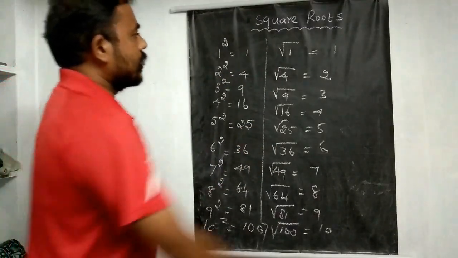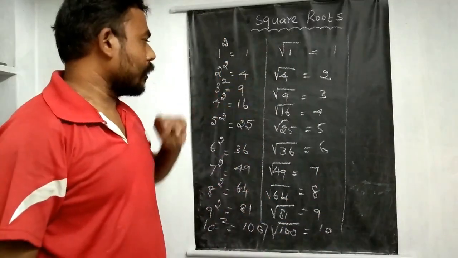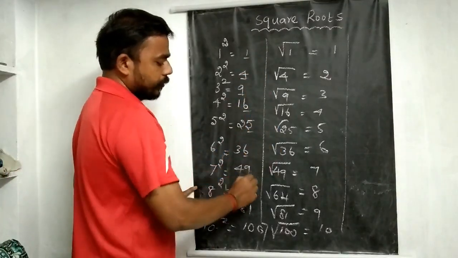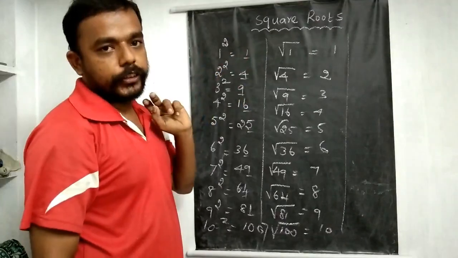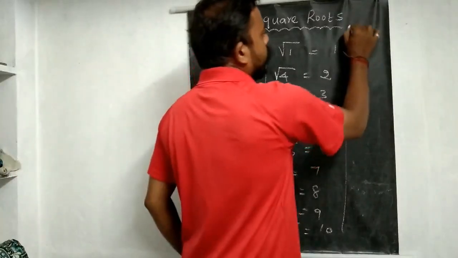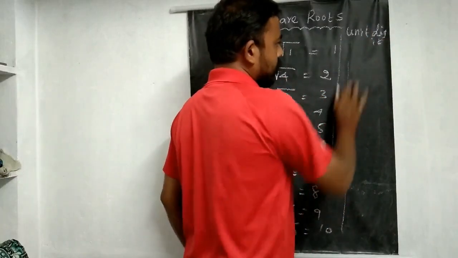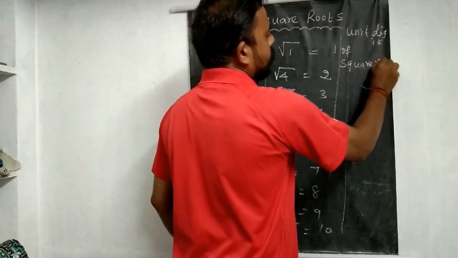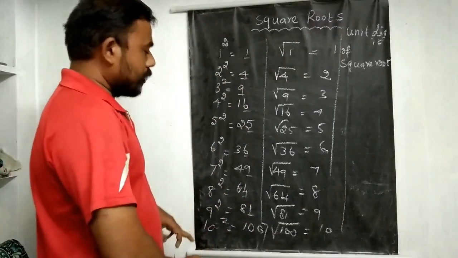Now just think, if you have a square number, in this square number you know that 1, 4, 9, 6, 5 are the unit digits. Then what is the unit digit of the square root of the number?